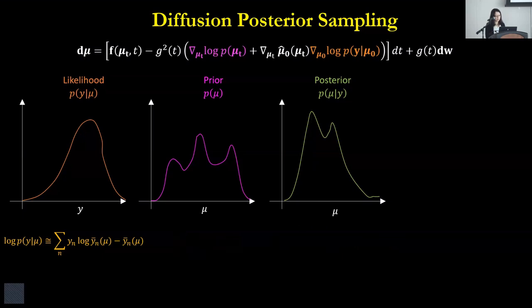For DPS, however, the log likelihood stays the same. The prior is now learned with a deep learning model. We also don't really have an explicit objective function because we're using this kind of alternating update approach between likelihood update and score function update. So instead of arriving at the MAP solution, we have samples from the posterior.